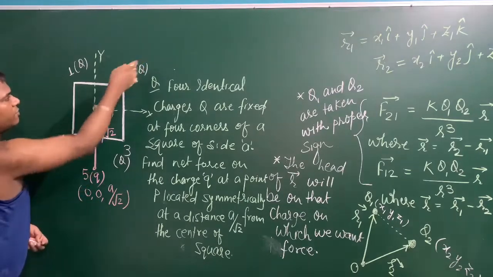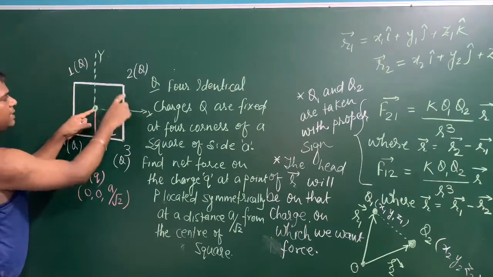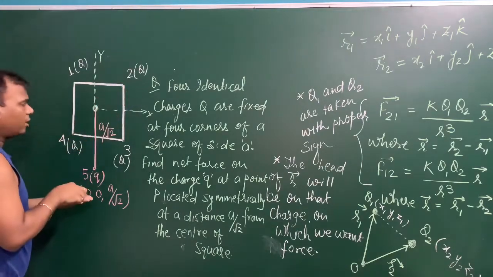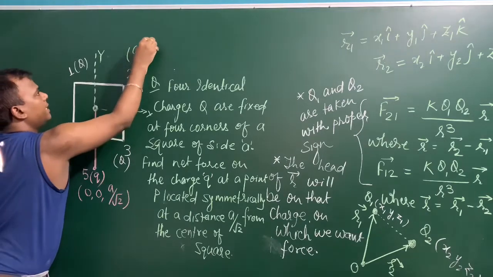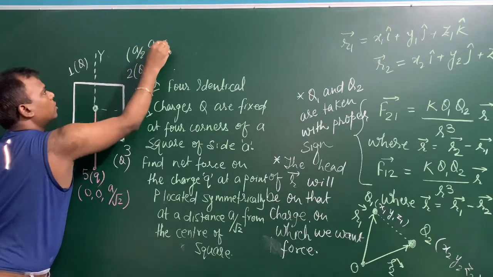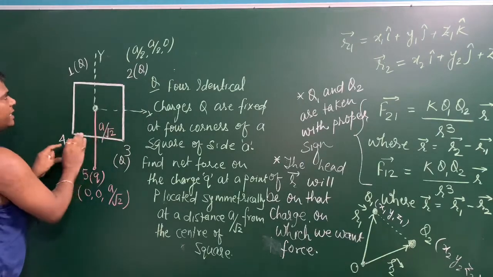Now for the coordinates of 2, this distance is a by 2, and this distance is also a by 2. So the coordinate of this charge is a by 2, a by 2, 0. The z coordinate is 0 because this square is on the xy plane.